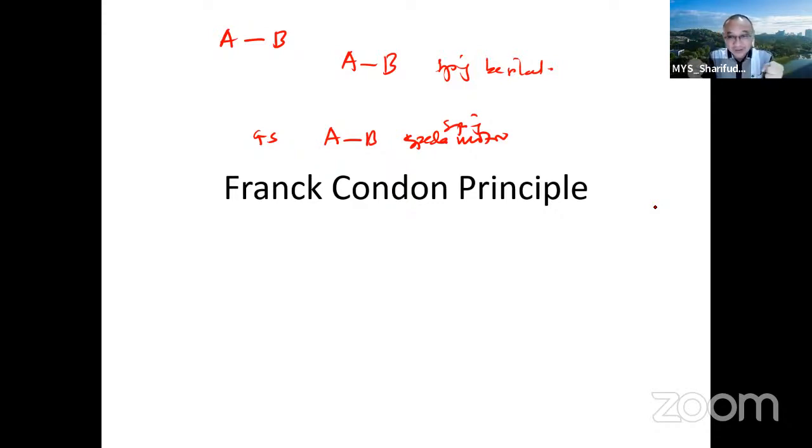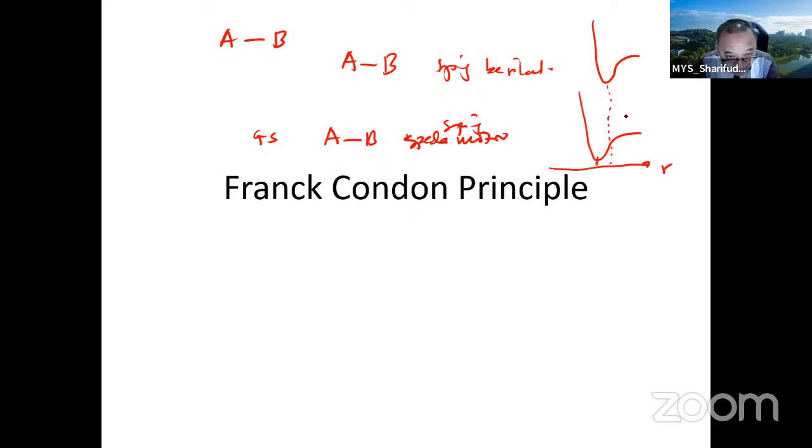Okay, so when we talk about electronic transition, really we are talking about vertical transitions, right? Like this. So you have AB, which is there, and AB, another one, which is there. So the spring may be a bit different in terms of where the equilibrium distance is.